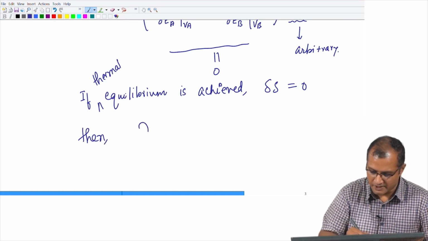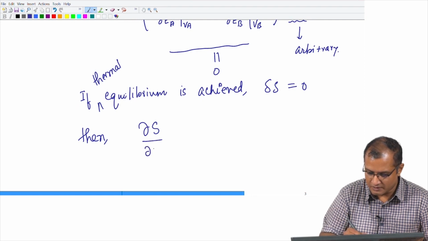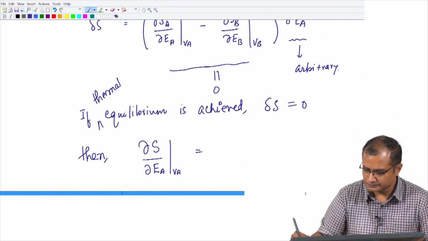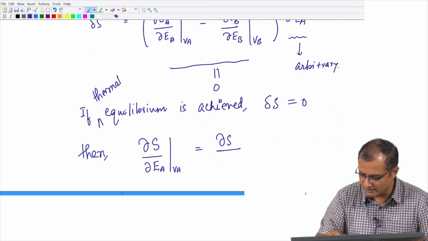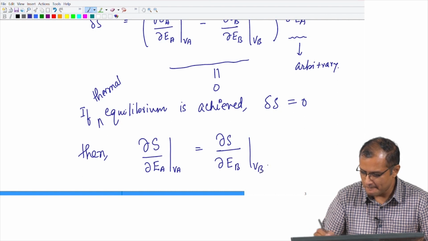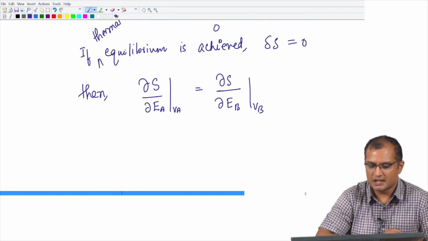The prefactor is simply dS over dE_A at constant volume, and if the bracket is 0, it means these two values are equal. This is the condition for equilibrium.